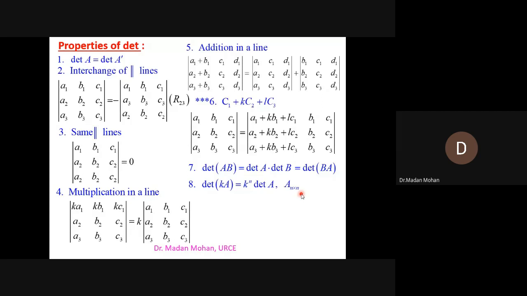These are the properties of determinants. Next, small definitions. Of course, these are familiar to you. Equality. When do you say two matrices are equal? We know that 6 by 3 equals 2 by 1.